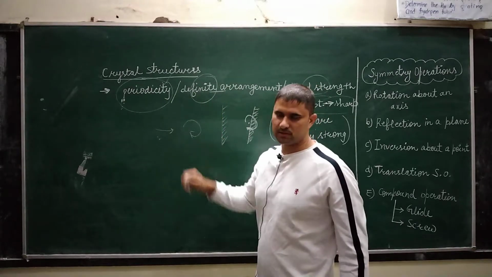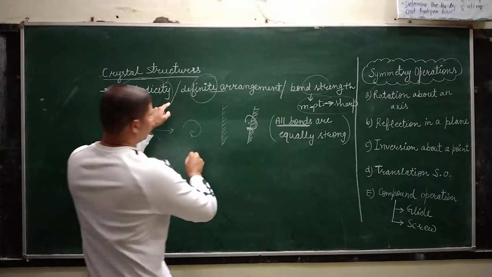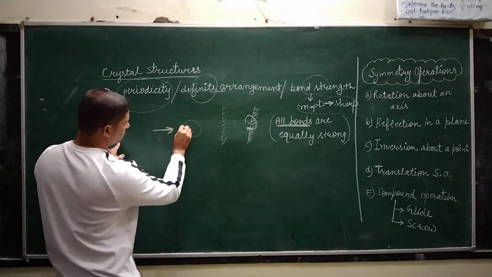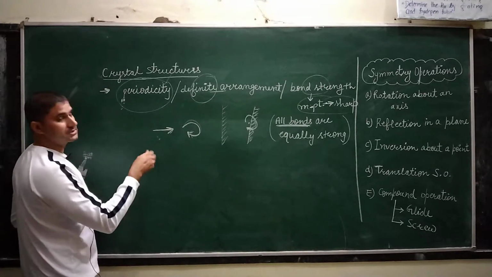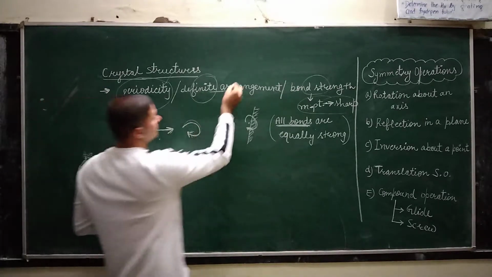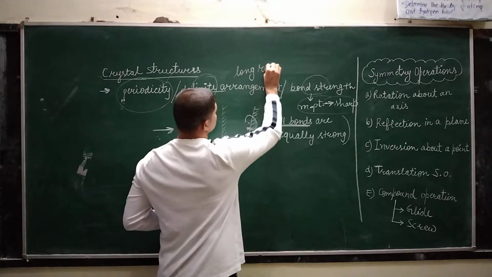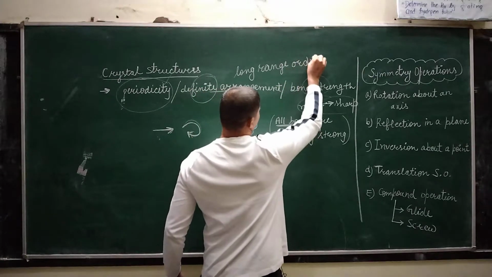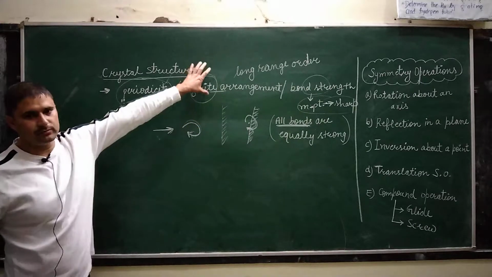because of this periodicity and definite arrangement. One more property which is very important, and which will help you justify the symmetry operation, is long range order. So this combination is very important.